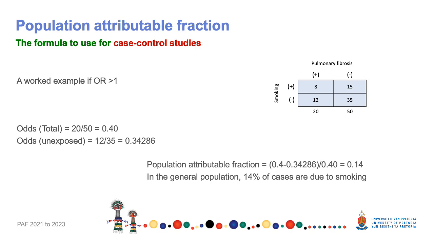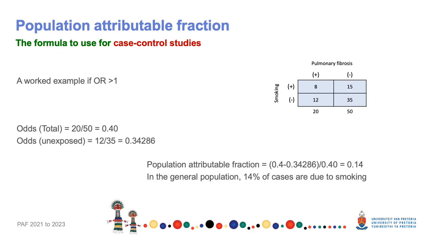So now going back to the example with pulmonary fibrosis and smoking, the odds ratio is greater than 1 because smoking increases the risk of pulmonary fibrosis. And so we're now looking at the population attributable fraction. But let's assume that we've got case control study data only, and we don't have cohort as we had before. So it's the formula that we were introduced to on the previous slide. And here's a worked example. The total odds are 20 over 50, which comes to 0.4.